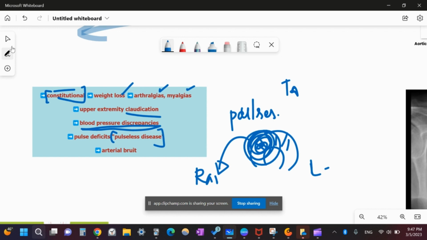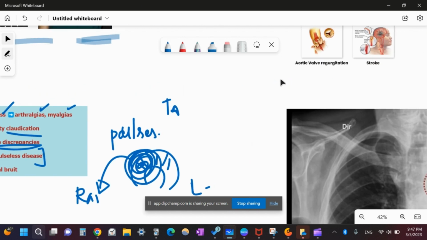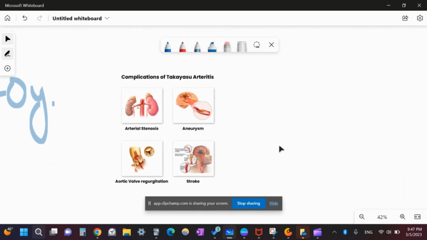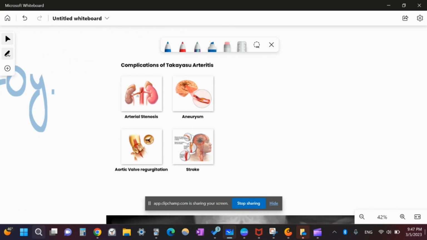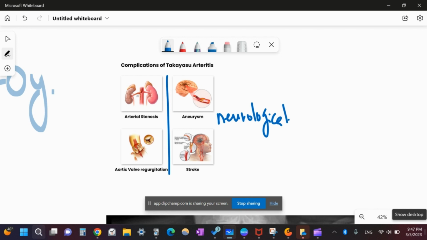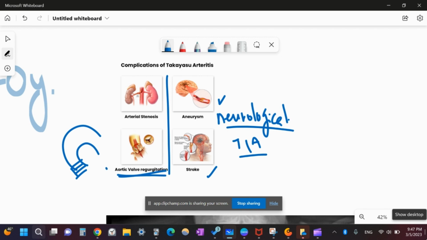Now, like I said before, there can be complications because it has a wide range, right? So we could be thinking about neurological: they can have stroke, aneurysms, transient ischemic attack, and all of these things. And because the arch of aorta and the very proximal part of aorta can be affected, they can have aortic valve regurgitation.